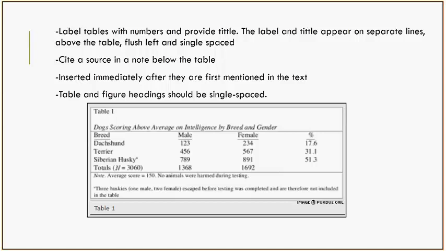You can see how it says Note, period, average score equals 150. Tables are inserted immediately after they are first mentioned in the text. So if I'm talking about how dogs are scoring above average on intelligence, I immediately want to use my table there. Sometimes tables take an entire page, and if so, that's okay, but make sure it's immediately after the text that's talking about it. The table and figure headings should both be single-spaced.